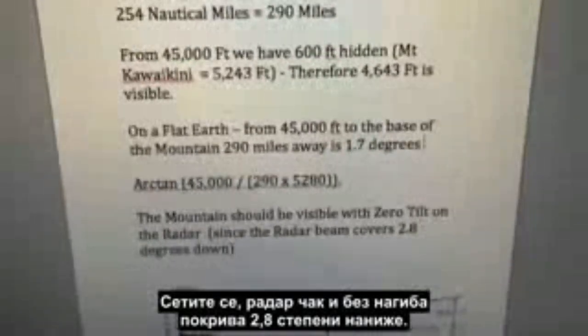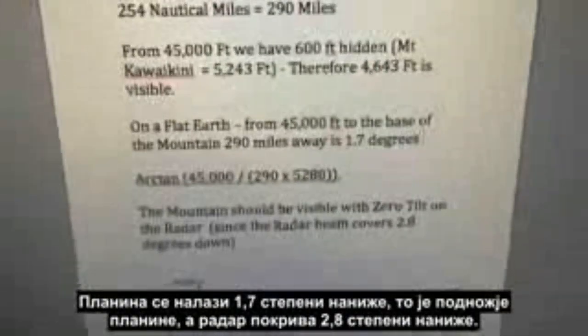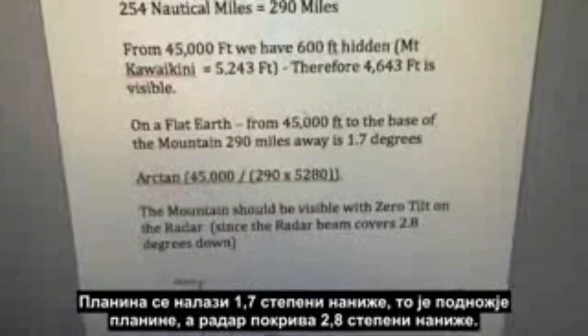Now remember, the radar, even in zero tilt, is looking down 2.8 degrees, so why can't it see the mountain? The mountain is 1.7 degrees down, that's the base of the mountain, and the radar is covering 2.8 degrees down, so on a flat level Earth we should be able to see that mountain with zero tilt, but we can't.